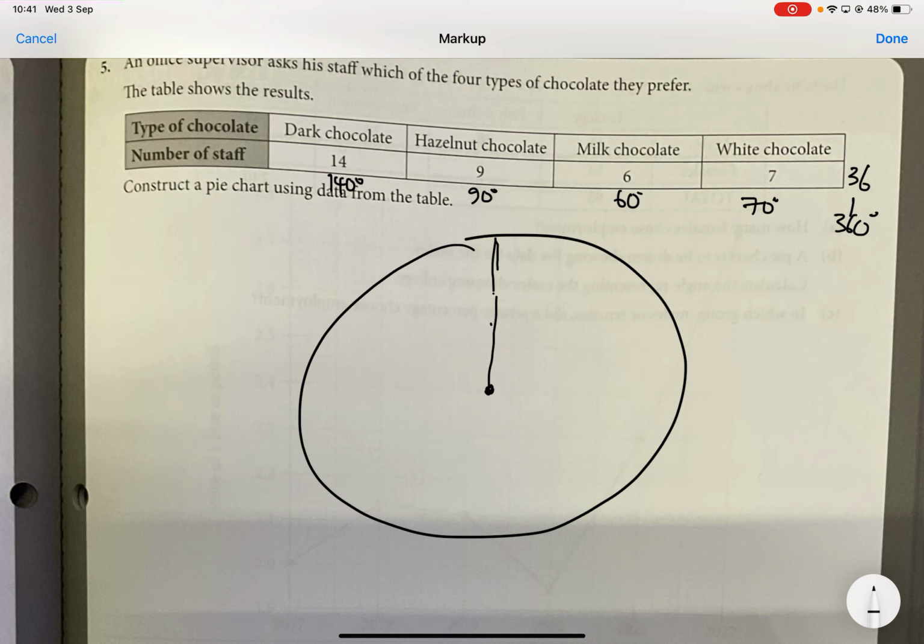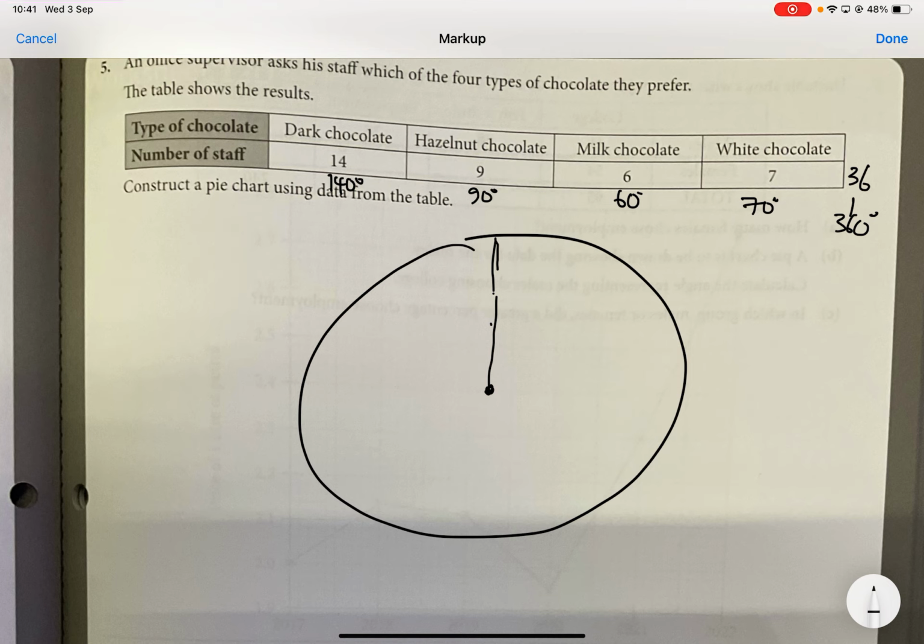So for dark chocolate, I draw one straight line. This straight line can be anywhere. Then I align my protractor center to one of the lines. Then I read 140. 140 is here. I will put a dot here. Then I join this to the center, and draw it towards the side.